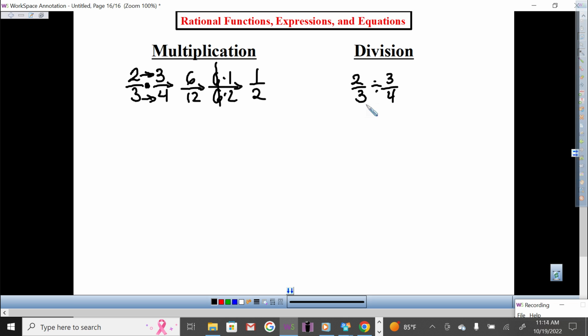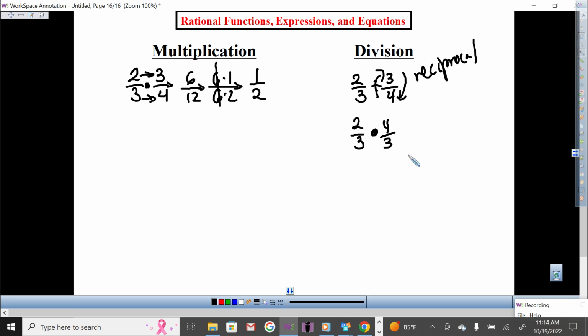No, let's ask Jose. Jose, what's your neighbor say? All right, I think some of us forgot, but here it goes. Your teacher said keep the first fraction the same, change division to multiplication, and then you're going to multiply times what? Reciprocal, which is 4 over 3.